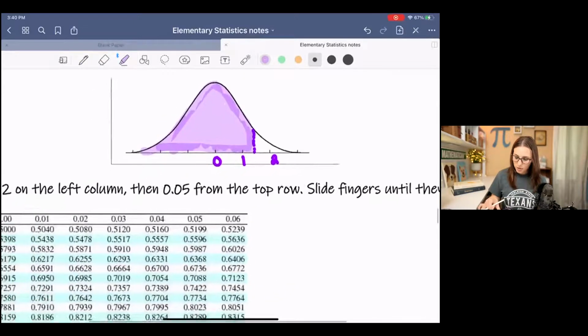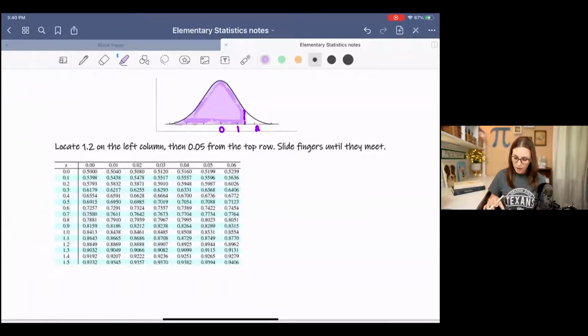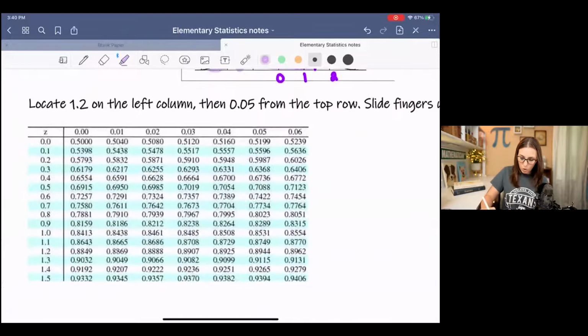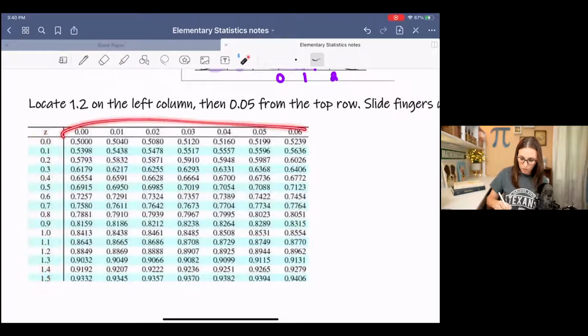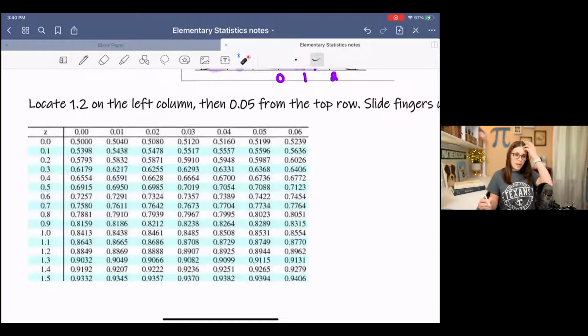To use a z-table, if you're given the z-score, you can see this little z here. This is referring to the first digits, and this is referring to the last digit. We have a z-score of 1.25. So 1.2, I'm going to use a highlighter here, is right here, and 5 is right here.